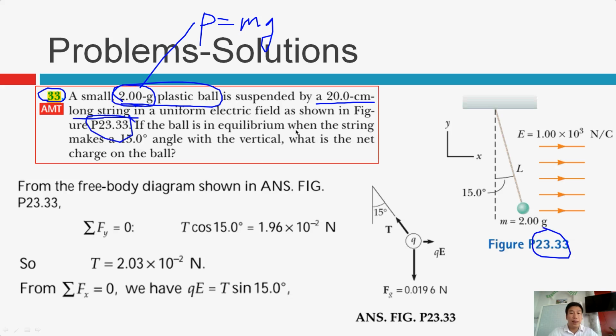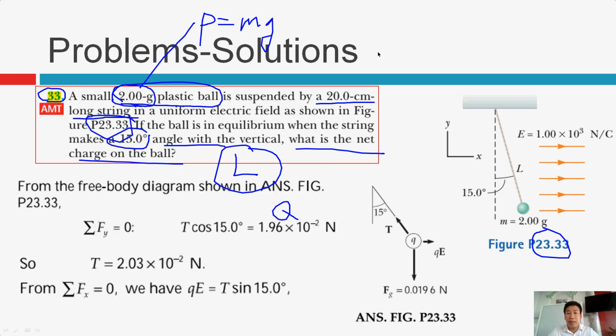If the ball is in equilibrium, when the string makes the given angle, what is the net charge on the ball? The problem is the same as the previous problem. Previously they asked for the field, and in this problem they ask for Q. So it's the same situation.